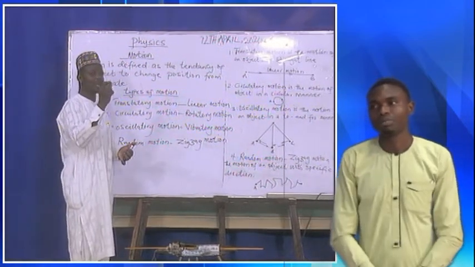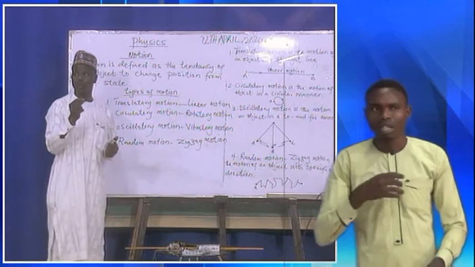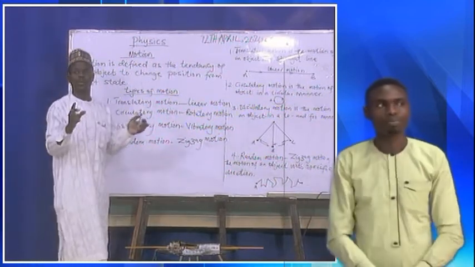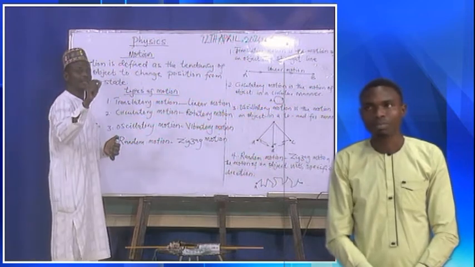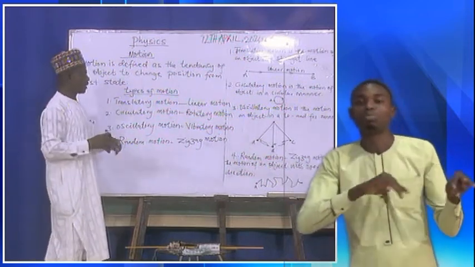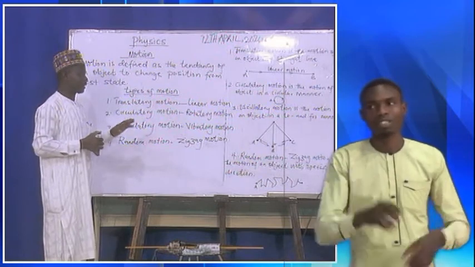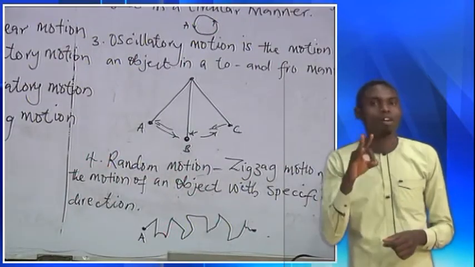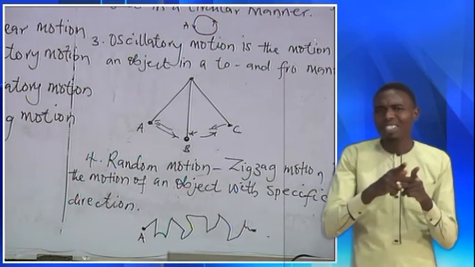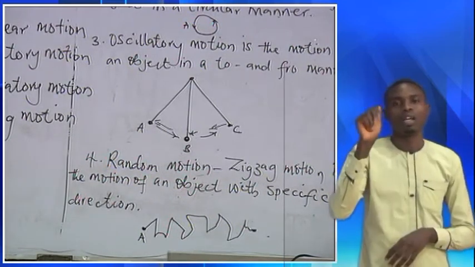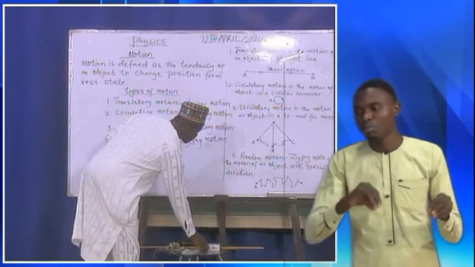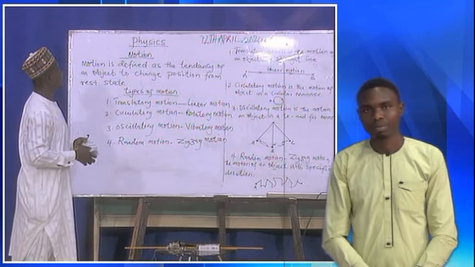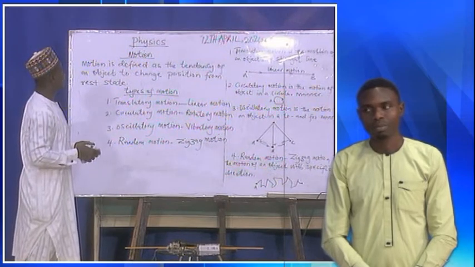You see how a housefly behaves in the home. It will go this way, go this way, go this way, anyhow. It doesn't have a specific direction. So that is an example of what? Random motion. You can think of other practical examples of random motion out there. So these are the types of motion we have.